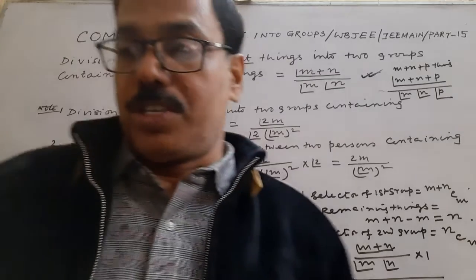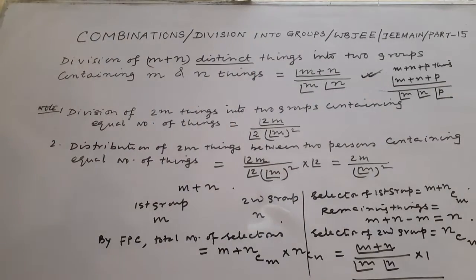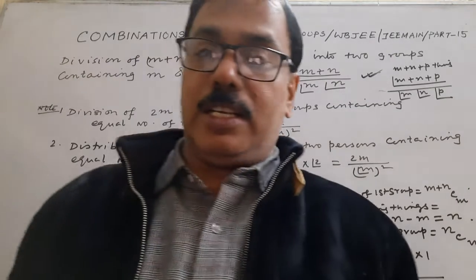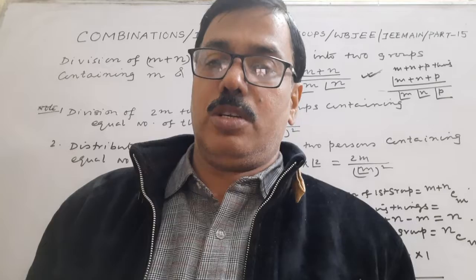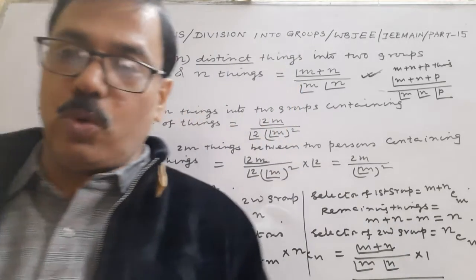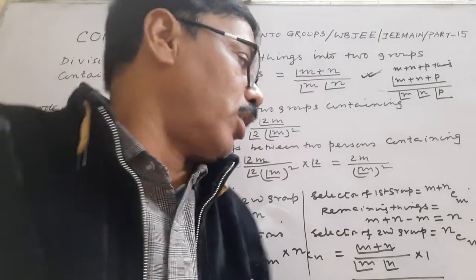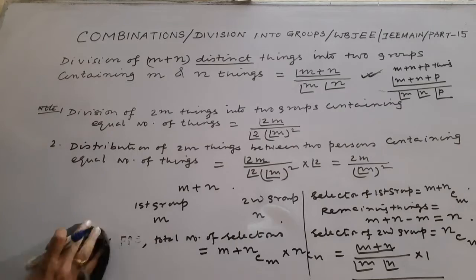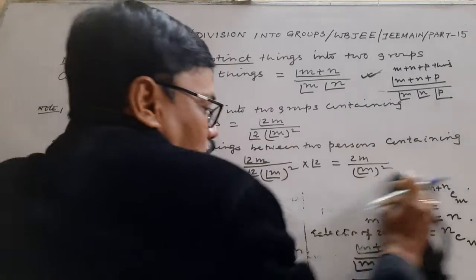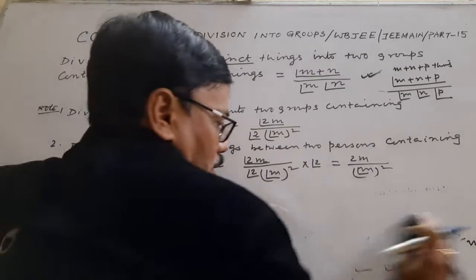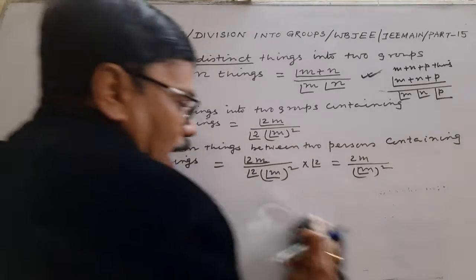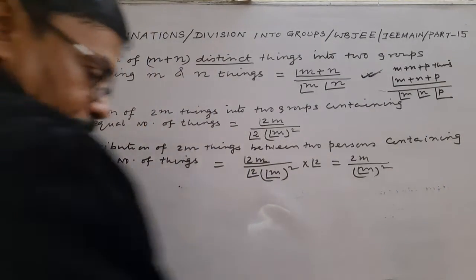Now consider the case when things are divided equally into groups, 2 groups, 3 groups, and so on. So for this we consider an example.